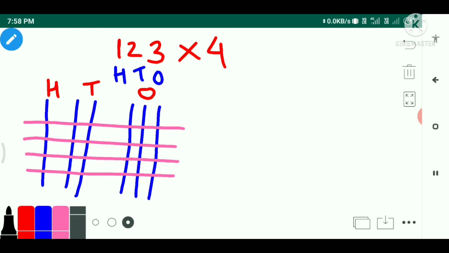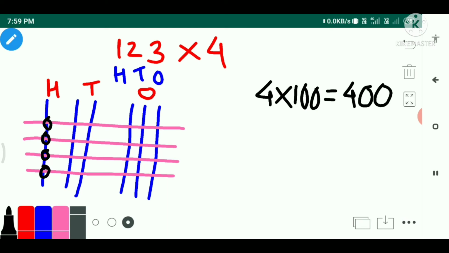So in 100 place, 1, 2, 3, 4. In 4 points it intersects, so we'll write 4. We'll multiply by 100 because it is in 100 place, and we got what? 400. Now see in tens place, 1, 2, 3, 4, 5, 6, 7, 8.